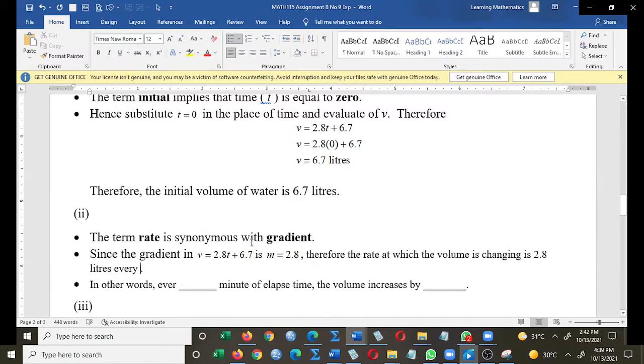Every minute. Remember the definition: the gradient is every time the x changes by 1, the y changes by the gradient. The y there is volume, and the x there is time. All right, every minute.